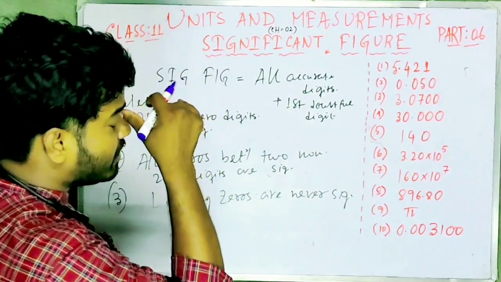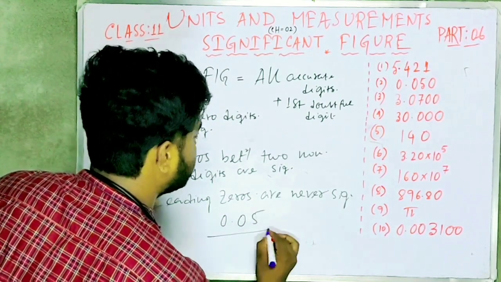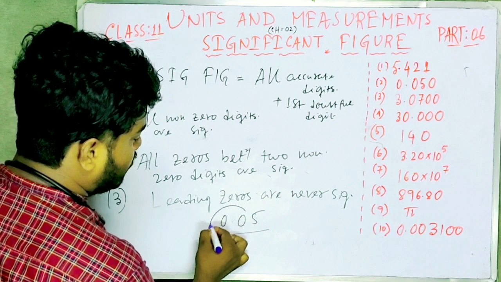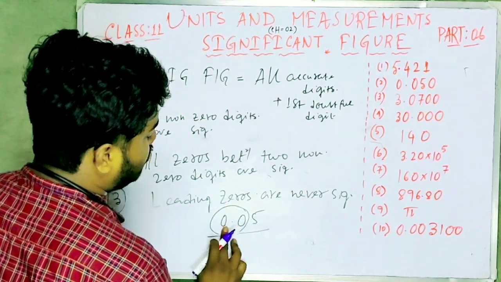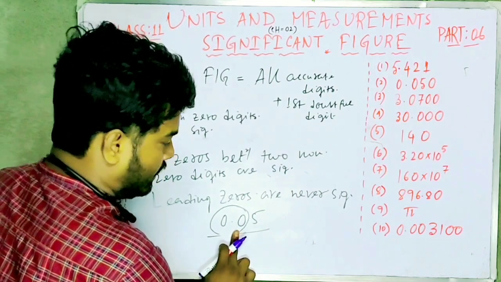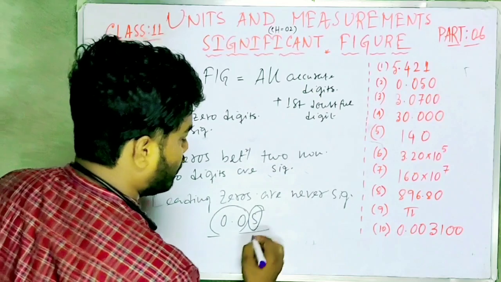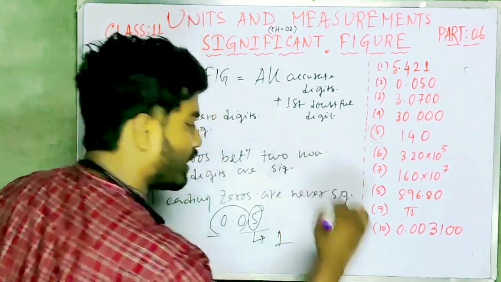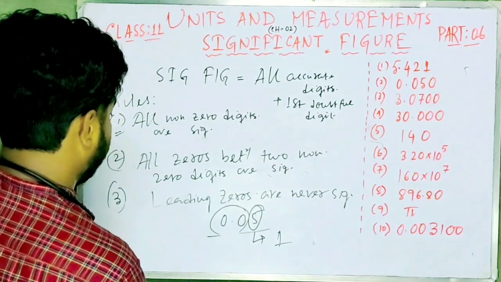Leading zero means, suppose 0.05. This 0.05 starts with 0, that is a leading zero. So these zeros, 0.0, are not significant. Clear? So only the 5 is significant. So the significant figure is 1. Leading zeros are never significant. Mind it.